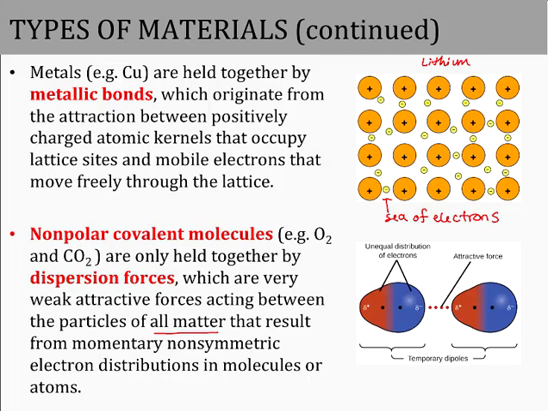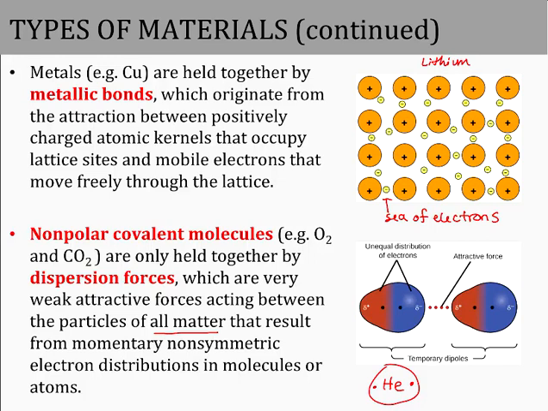So, for example, let's say we have a helium atom. And remember, helium has 2 electrons. So let's say originally the 2 electrons are opposite each other, so they're symmetrically distributed around the atom.